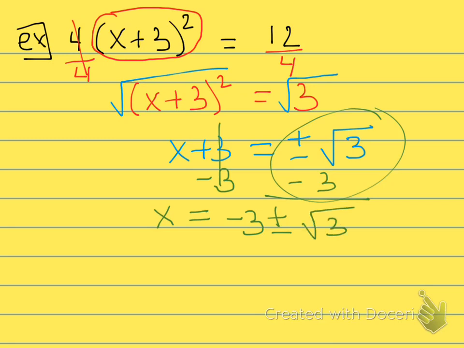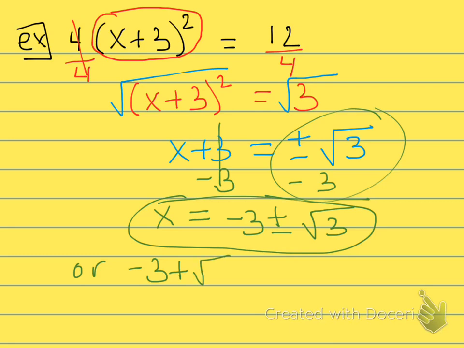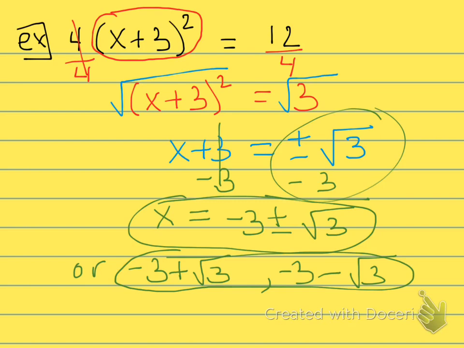Since you can't actually add the square root of 3 with negative 3, you can keep it as one expression, or you could separate it into two expressions, one with plus square root of 3 and one with minus square root of 3. Those two answers mean the same thing. It's just quicker to write it with the plus and minus symbol.